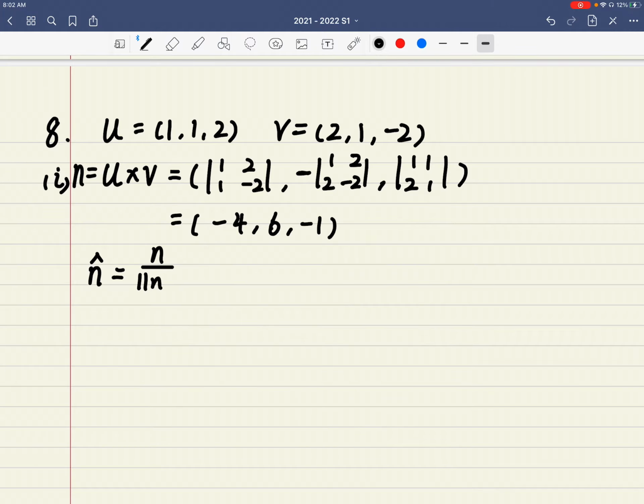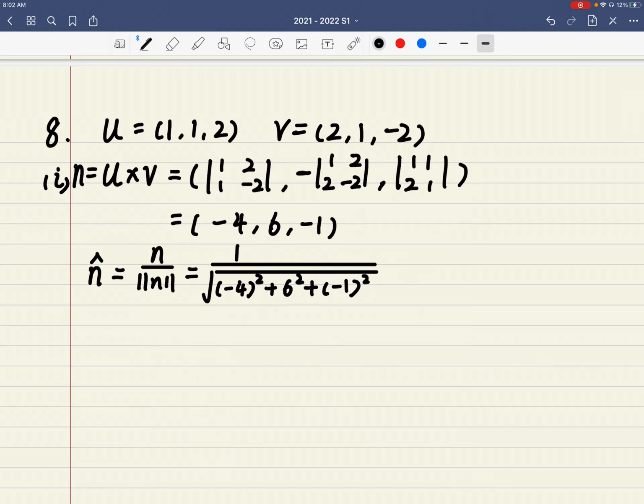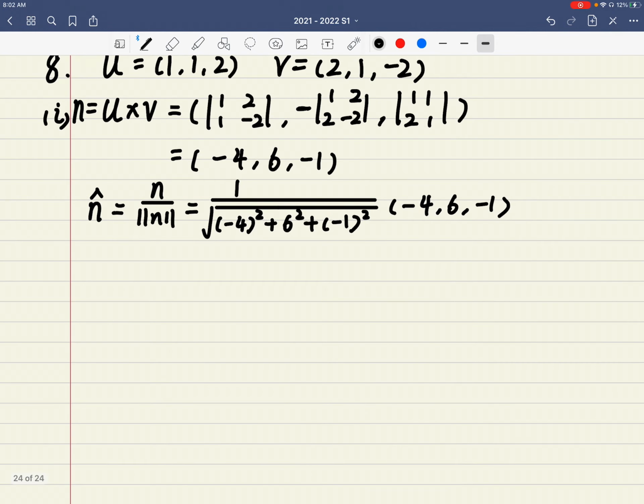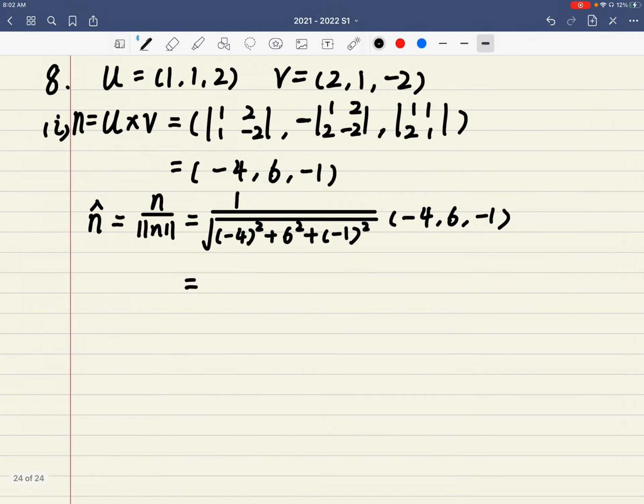So it's 1 over the square root of negative 4 squared plus 6 squared plus negative 1 squared, times negative 4, 6, negative 1. So the result is 1 over the square root of 53, times negative 4, 6, negative 1.